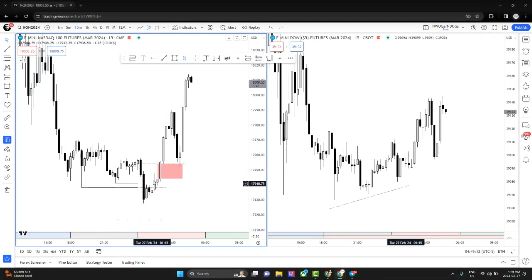So price broke below, broke above, and once price fell into this fair value gap below the true open, that's when you would buy.